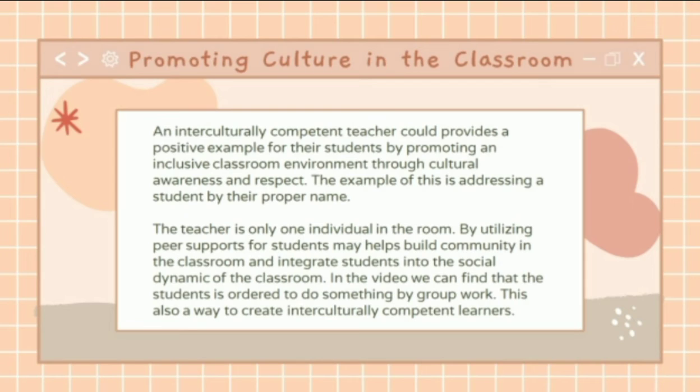The example of this is addressing a student by their proper name, and we can find this in the video, where the teacher made an effort to learn each student's name. Showing this cultural understanding helps foster positive relationships between teacher, students, and even parents.